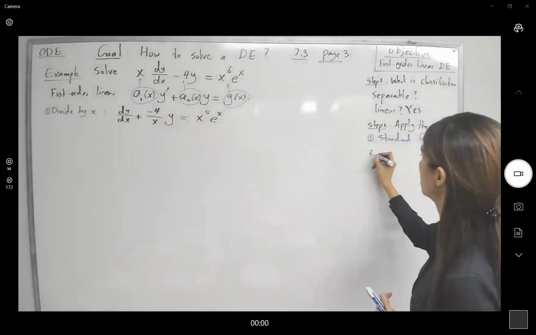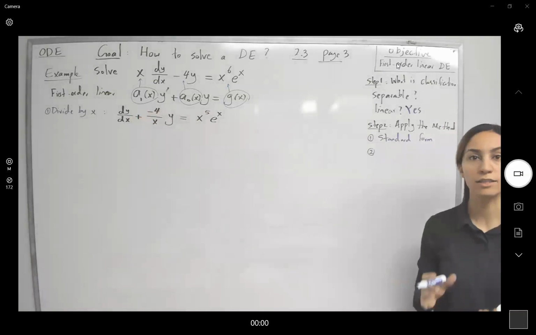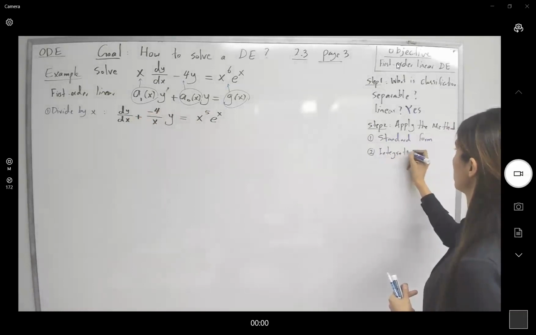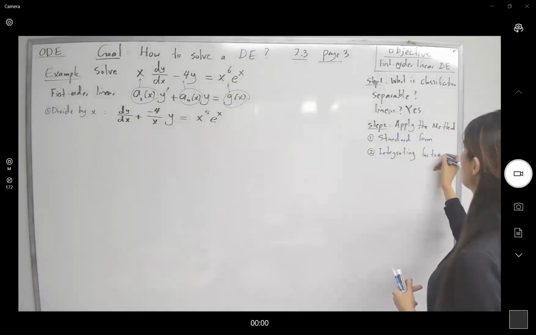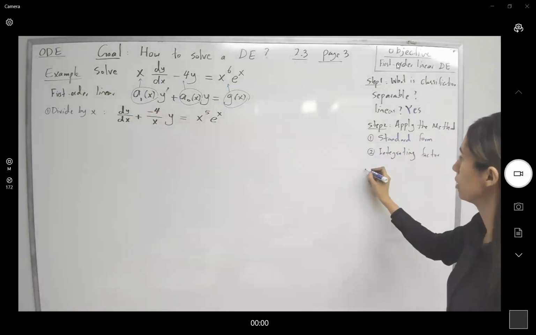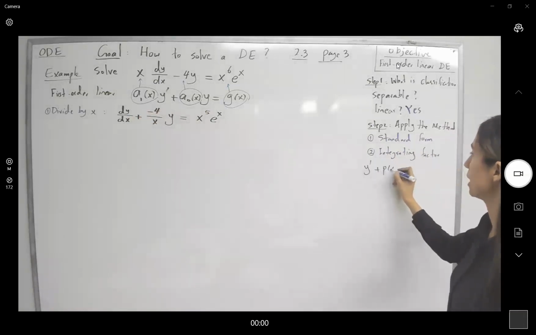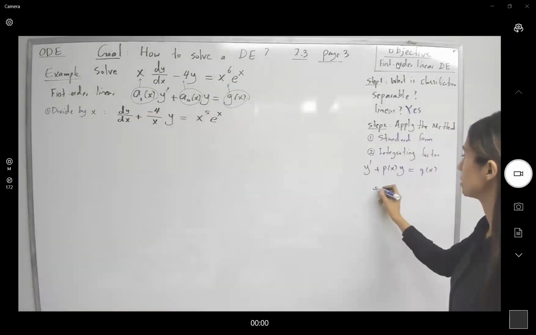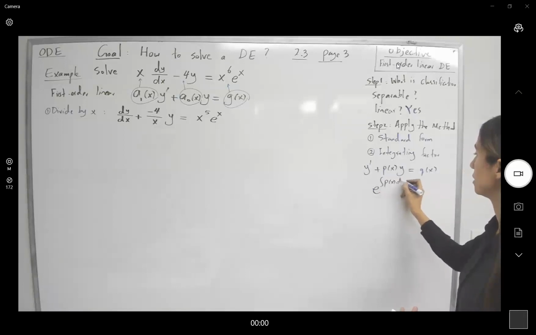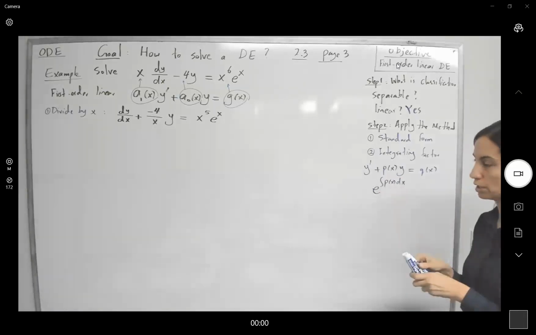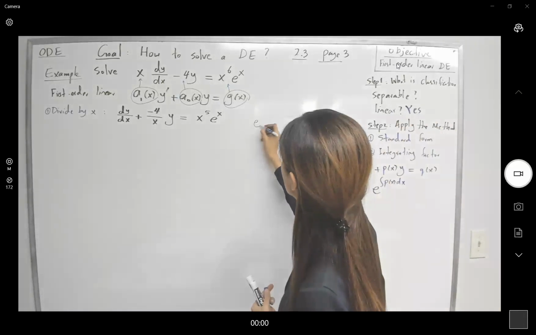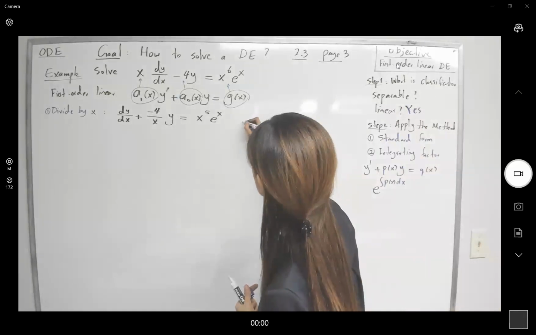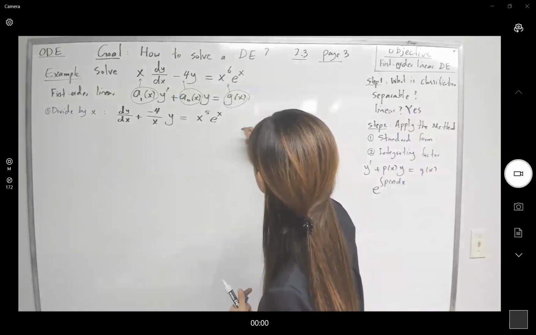In the second step, we need to find the integrating factor. What is the integrating factor? Remember that if you have, for example, y prime plus p(x) y equals q(x), then the integrating factor is e to the power integral of p(x) dx. Let's find this. Label this number 2, integrating factor.